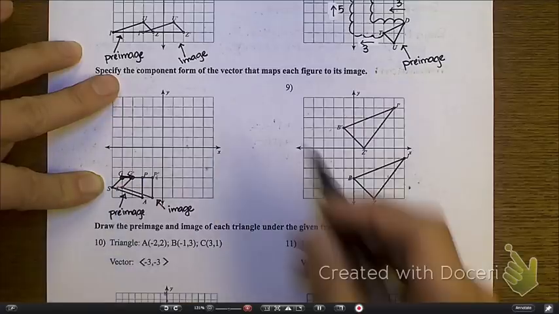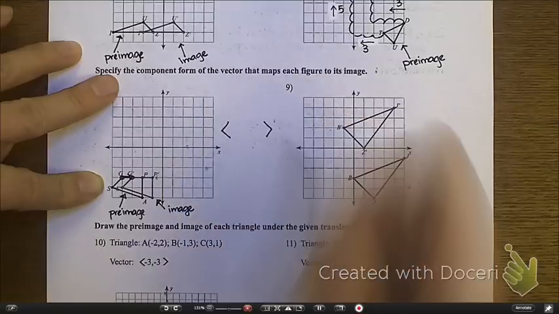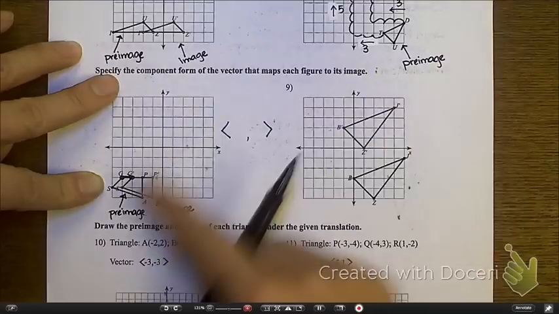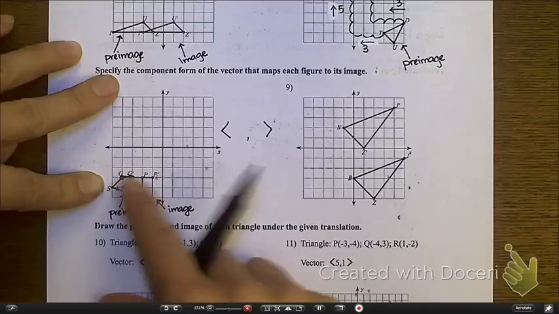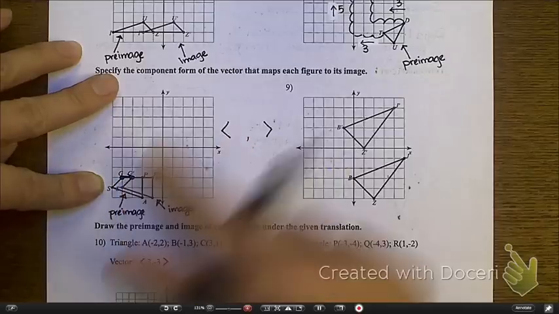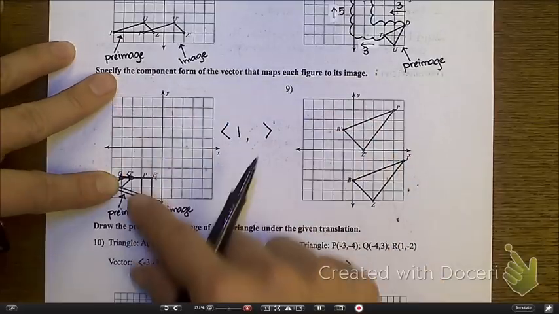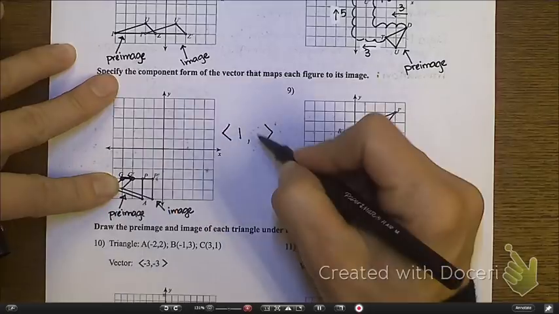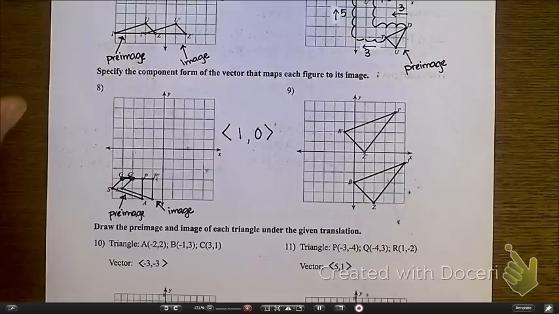So to write that in vector notation, I use these pointy brackets, okay, and it's written just like an ordered pair, but this is representing the change that I'm going in the direction of x for this first coordinate. So I moved right 1 unit, so that would be a +1. Now, did I ever move up and down? No. So I'm going to put 0 for my change in direction of y.